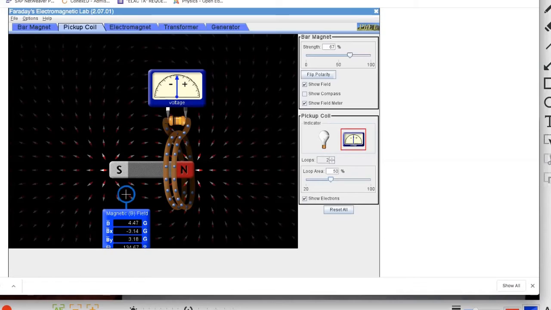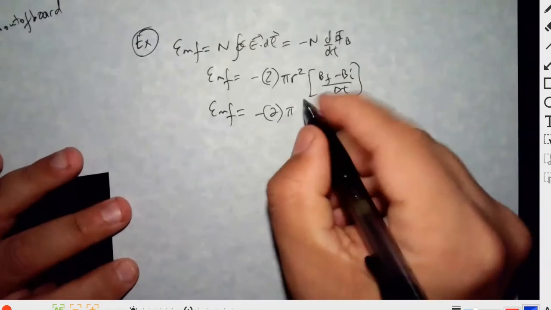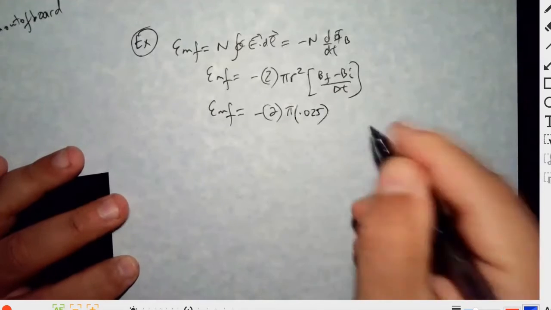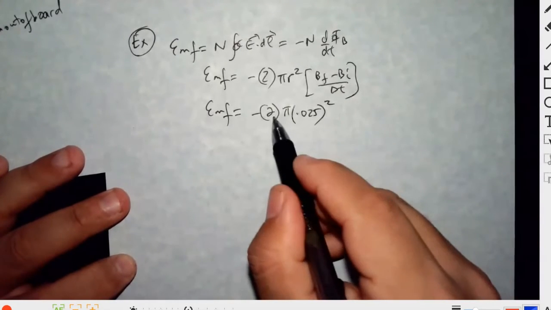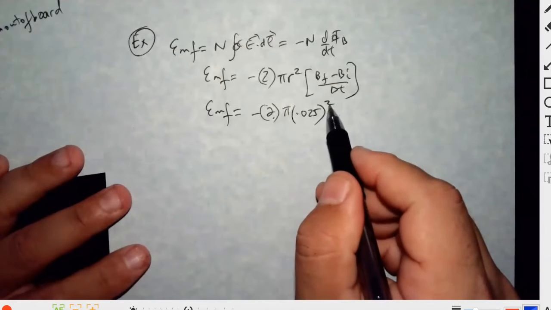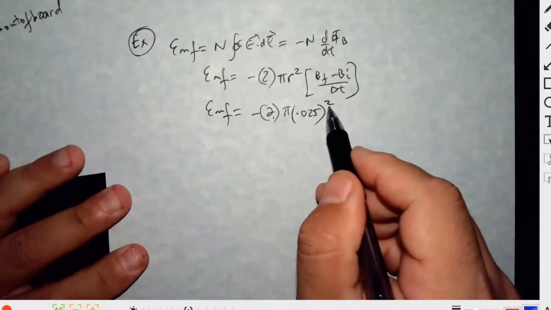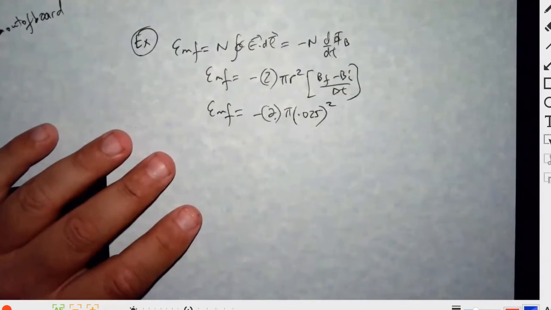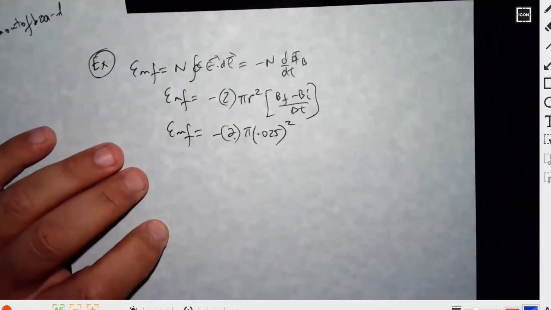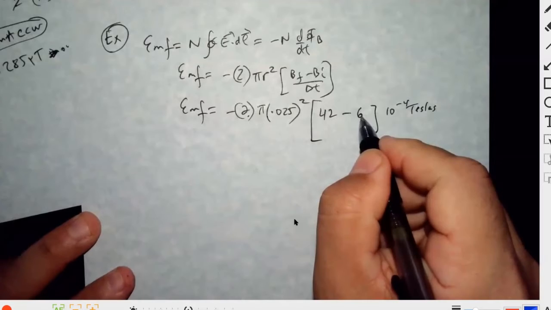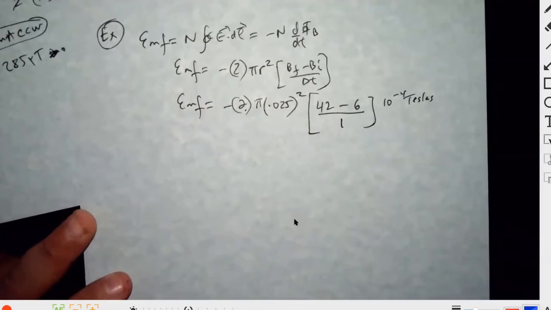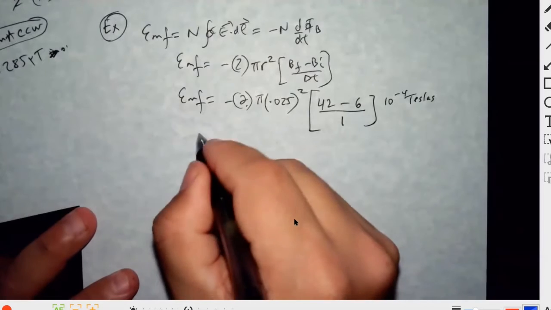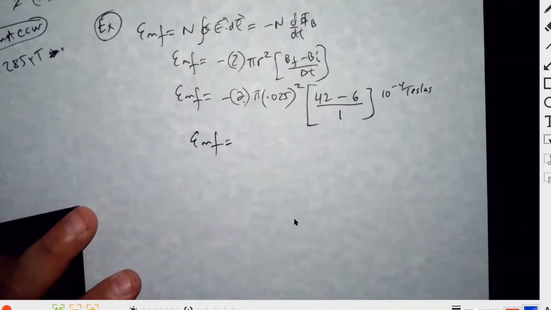So the radius is 2.5 centimeters, which is 0.025 meters. So 2 times pi times 0.025 squared, right? And then B final is going to be what? Gauss is the average field at the beginning, and let's say I do the process in 1 second. So what kind of EMF am I expecting? It's actually pretty small, right?